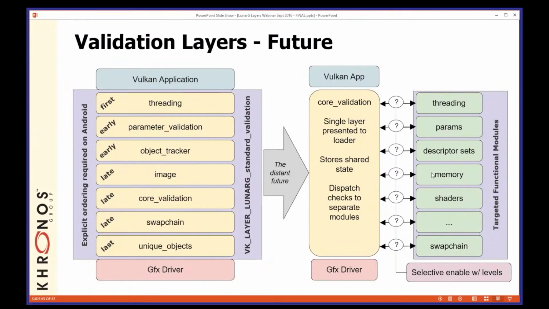For those time-consuming checks, and there's actually an issue open on the GitHub about this, you can turn the knob and turn off that one test, for example, because you might be convinced that you don't need the check, so you want to turn off the time-consuming part of it. So there could be knobs here that you turn to have even better control over what the layers do than you do today with the separated layers. At least that's the goal.